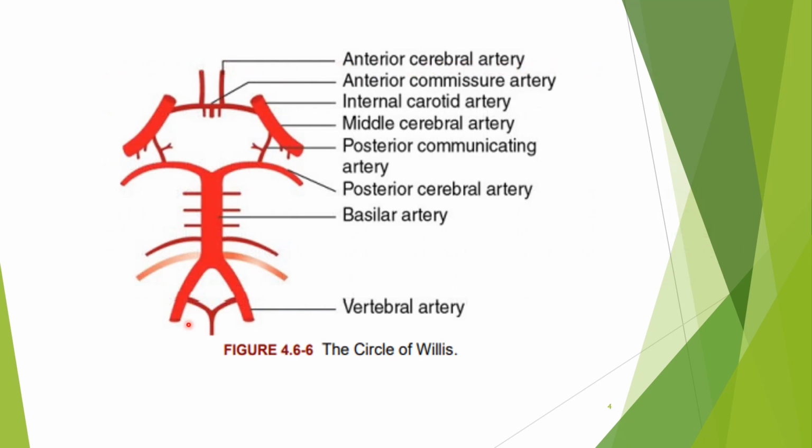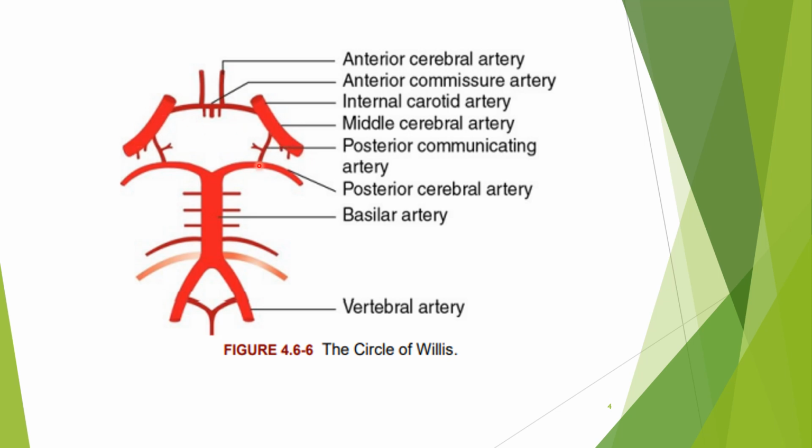See this? These are the two vertebral arteries forming the basilar artery. And it is giving the posterior cerebral arteries, two posterior cerebral arteries. And these are the internal carotid arteries, two internal carotid arteries.